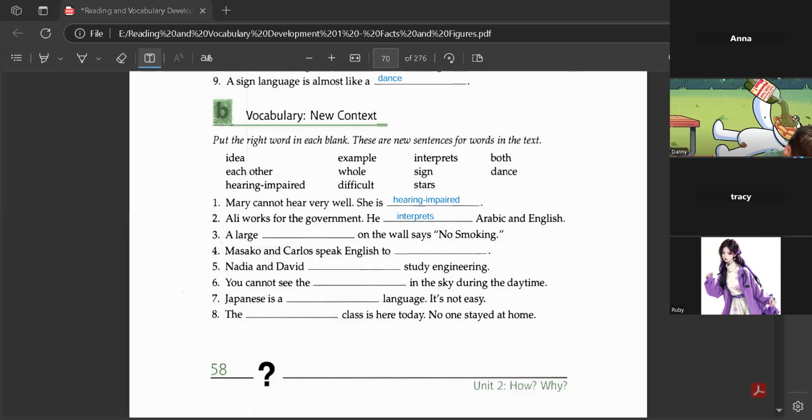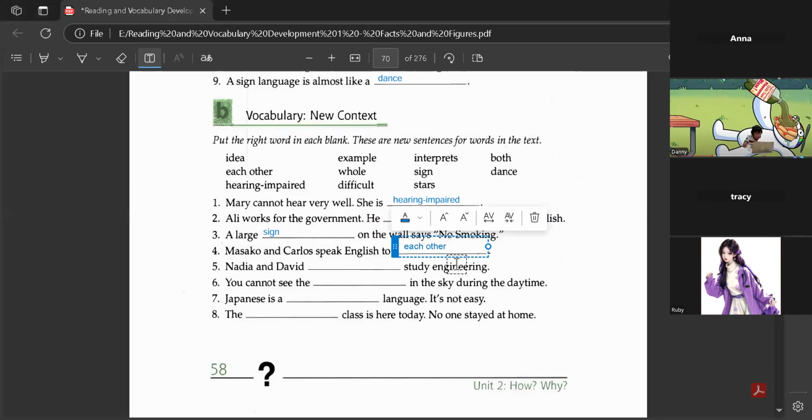A large sign on the wall says no smoking. Very nice. Number 4. Let's invite Bella. Master and caller speak English to each other. Okay, speak English to each other.